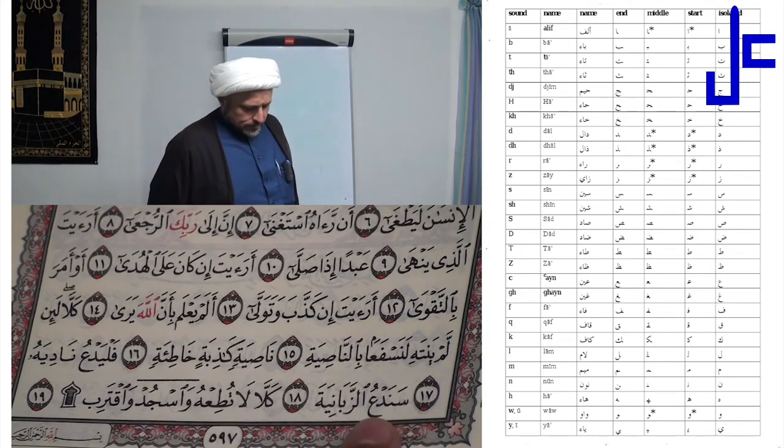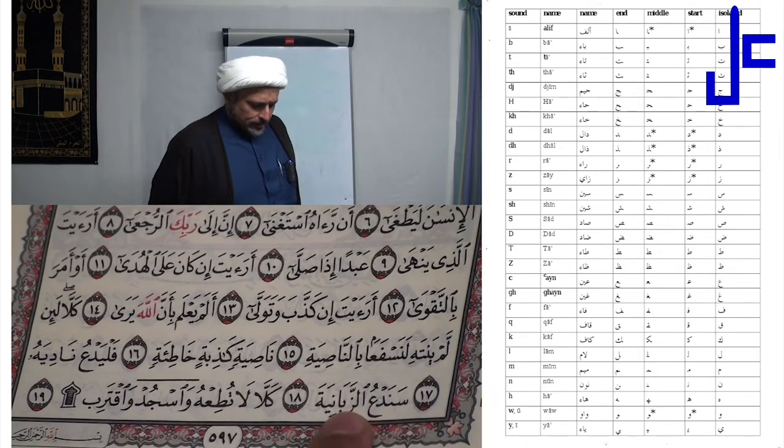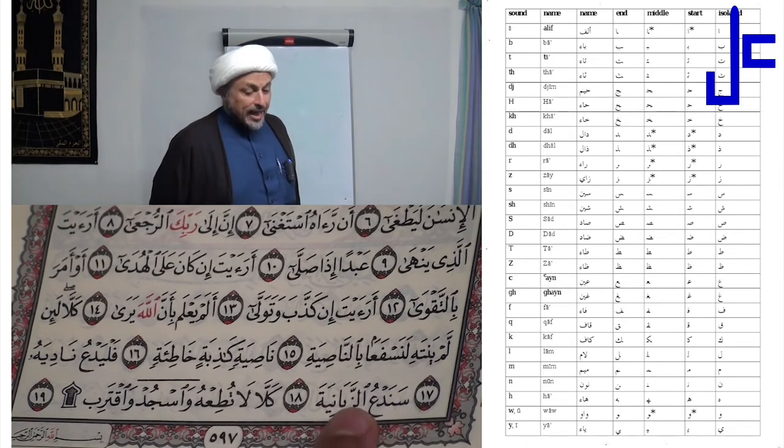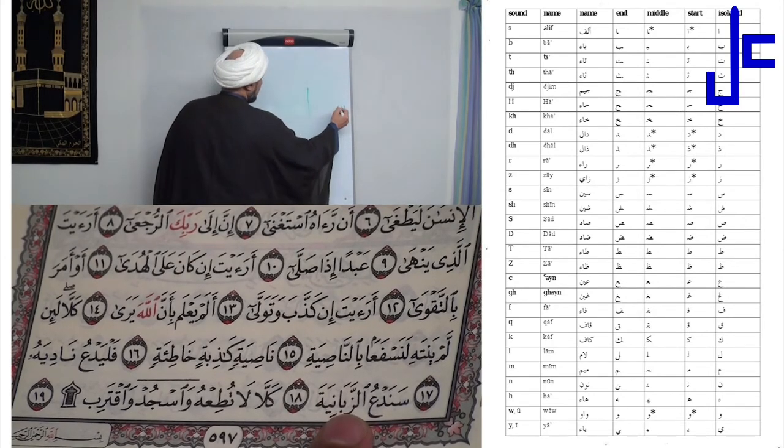Maybe between سندع and za. Yes. Za. What will you remove here? I will remove alif because za has a shadda. So you will remove alif and lam. Exactly.